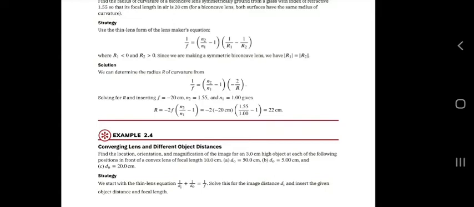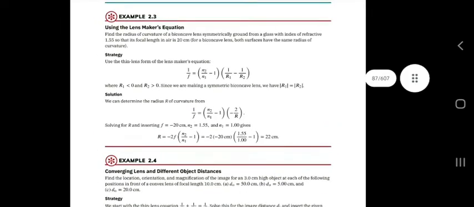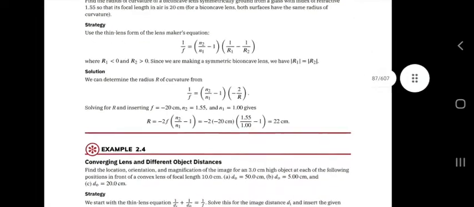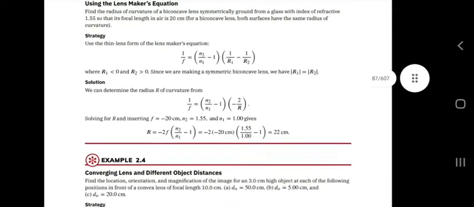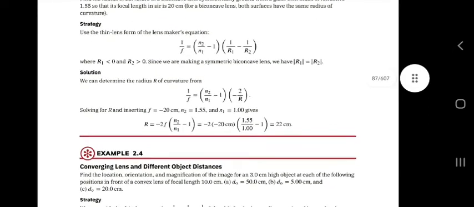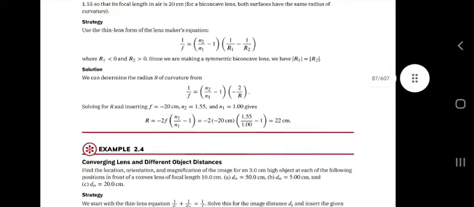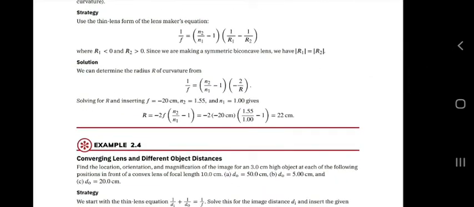So solving for r and inserting focal length equal to negative 20 cm and n2 equal to 1.55. Since we are given the focal length and the n2, we just substitute, and our n1 is 1. So that gives r.